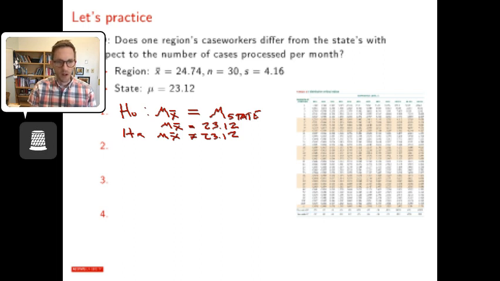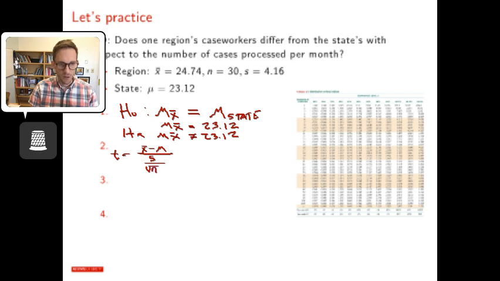All right, so number 2, now I calculate my test statistic. For the one sample t, it's going to be x bar minus mu over the sample standard deviation divided by the square root of the sample size.